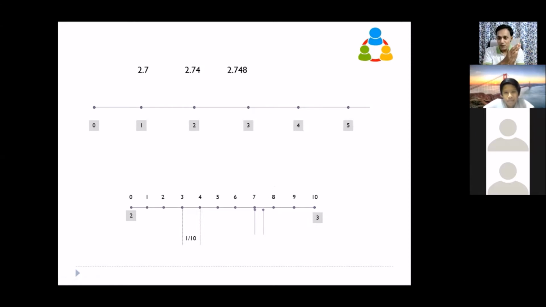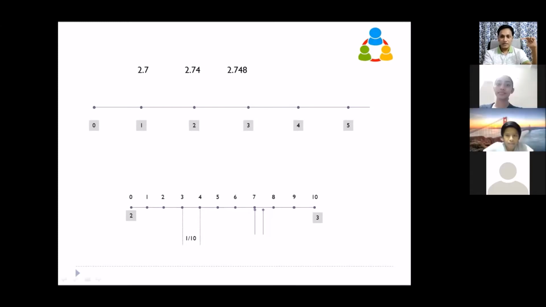Between 2.71 and 2.72, you will make 10 more divisions. Between 2.21 and 2.22, you will make 10 divisions. So totally you will have 1000 divisions between 2 and 3. And in those divisions, the 8 will come at the 8 point. You understand this? Yes, sir. Exactly. So all of you get this.